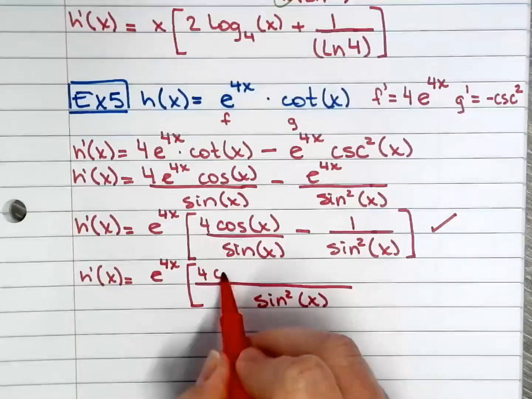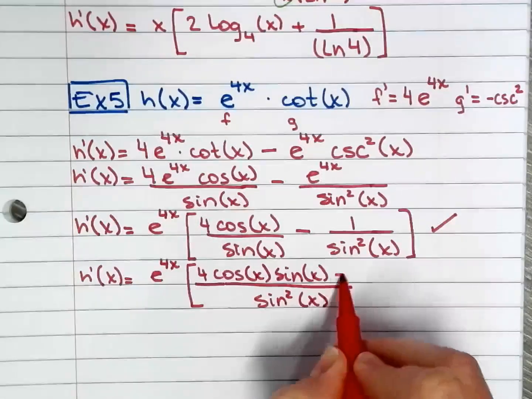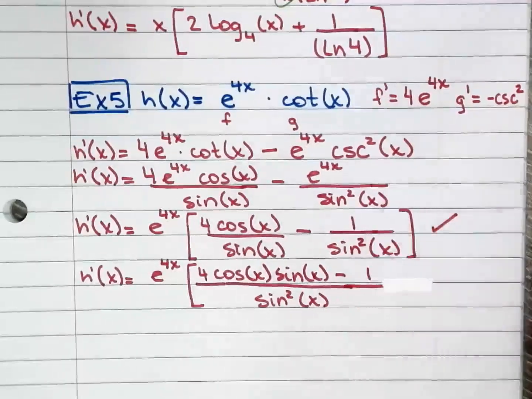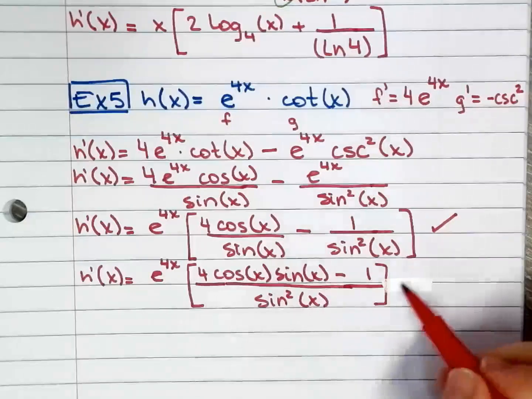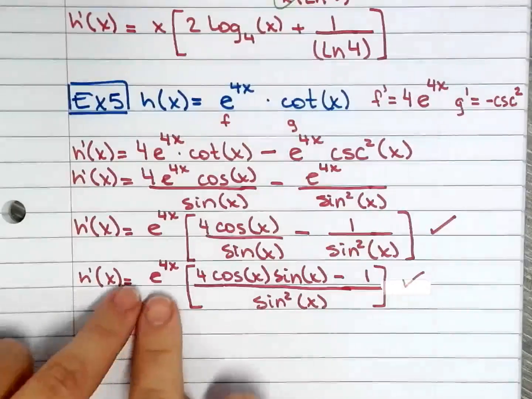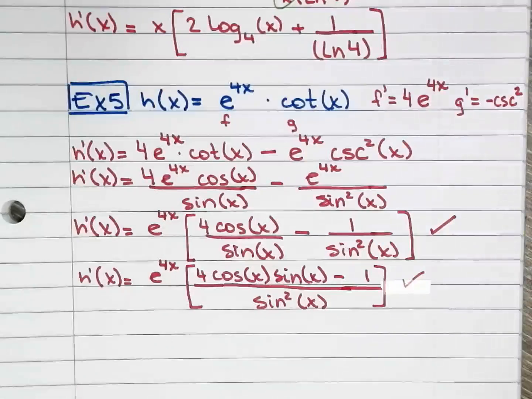So your numerator will be cosine x sine x minus 1, because this one doesn't change. That was the original denominator to begin with. This will also give you full credit. As you keep working on this, you'll be able to skip a couple steps or factor and change that in terms of sine and cosine all at once.